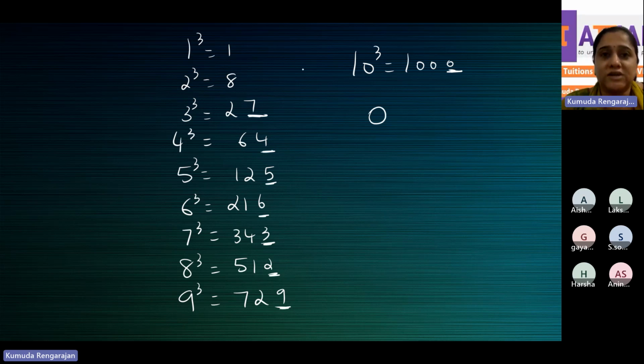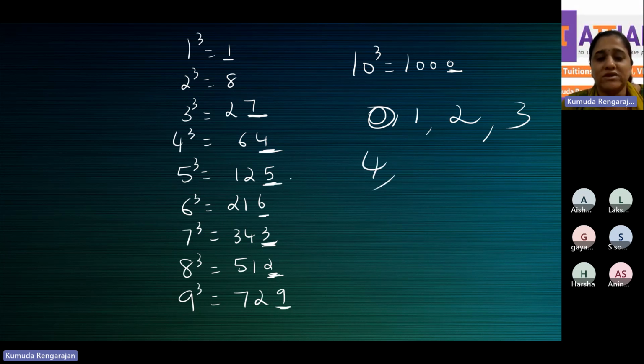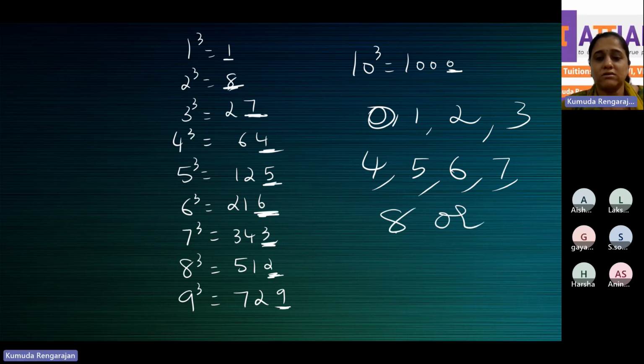A perfect cube can end with the digit 0, 1, 2, 3, 4, 5, 6, 7, 8, or 9.